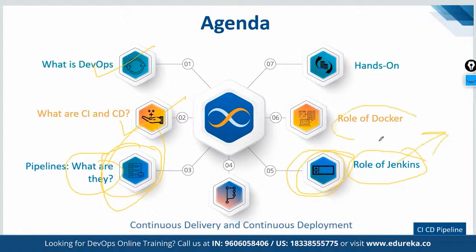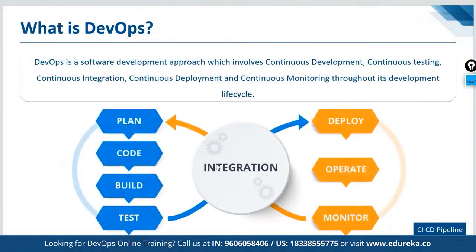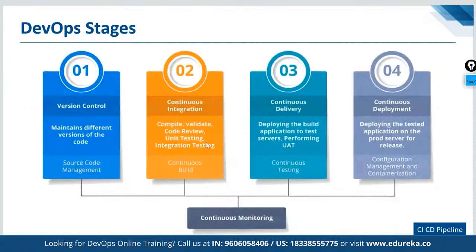Now, what is Docker? Docker is a mechanism to containerize your environment. When you talk about integration, you can integrate planning, coding, building, testing, deploy, operate, and monitor everything as part of a pipeline. And in DevOps, your stages are continuous integration, delivery, and deployment, and it starts from the version control system. Your continuous integration pipeline has to be started from the version control system.